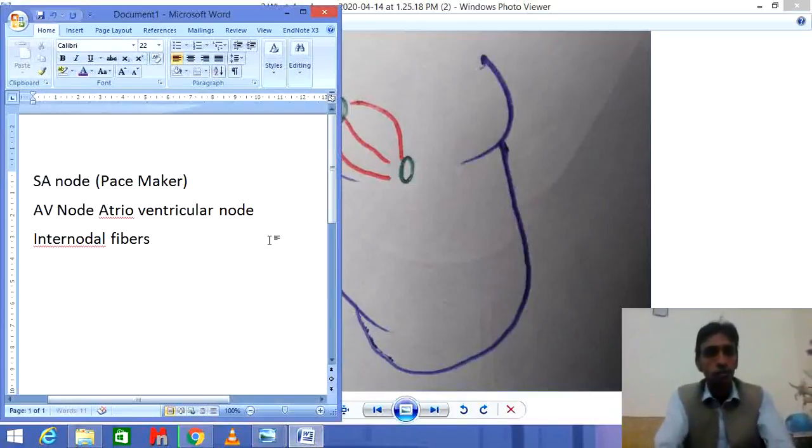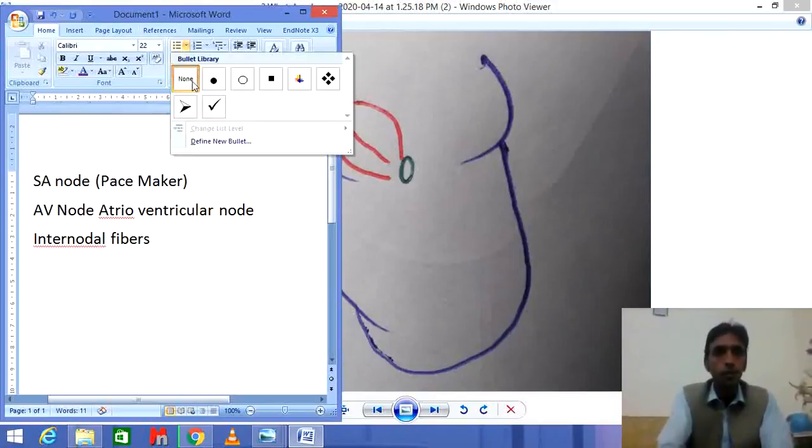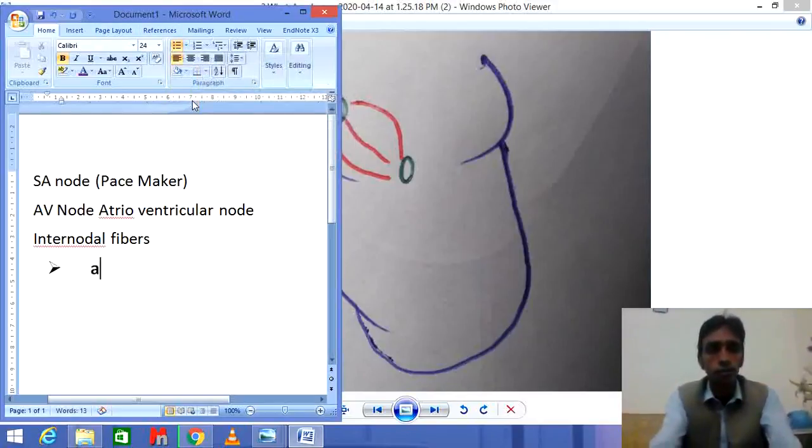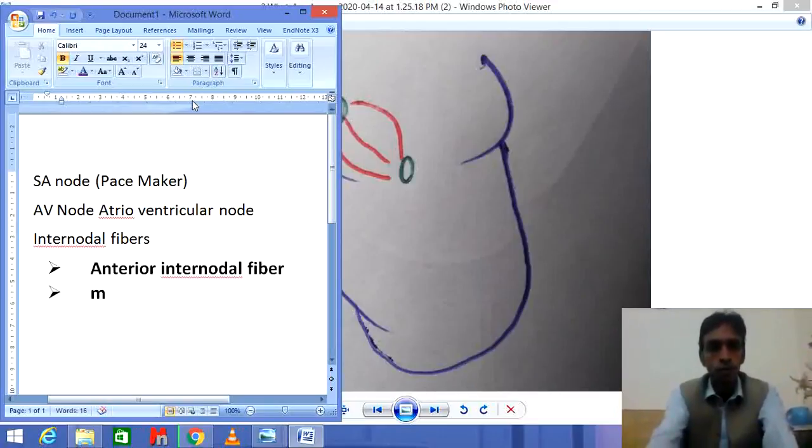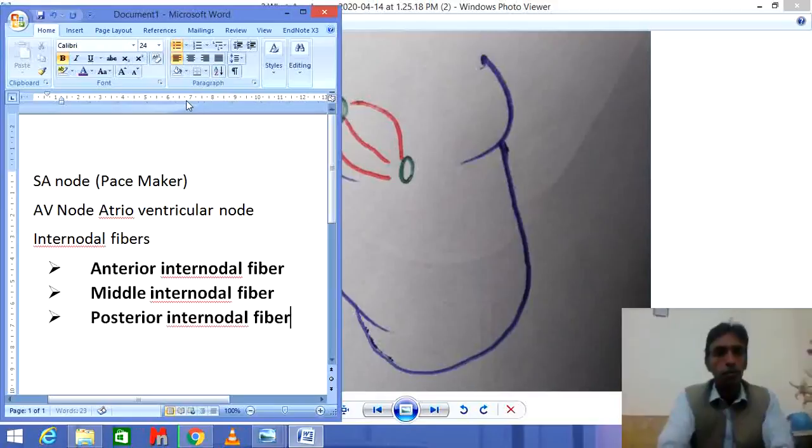We will write it here. Internodal fibers are of three types: anterior internodal fiber, middle internodal fiber, and posterior internodal fiber.